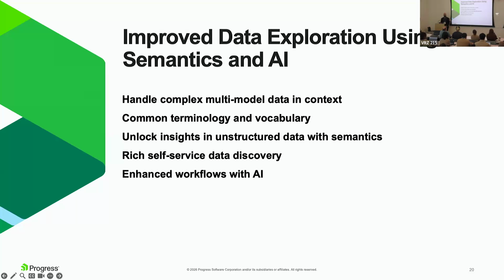In this case, we're going to look at research articles that are coming from the NIH, specifically PubMed. We're going to look at a common terminology and vocabulary. The NIH also publishes medical subject headings, MeSH, that we can look at to categorize and organize the information. The semantics capabilities are also going to unlock a few different insights into the data, as well as drive discovery and enhance our workflows.